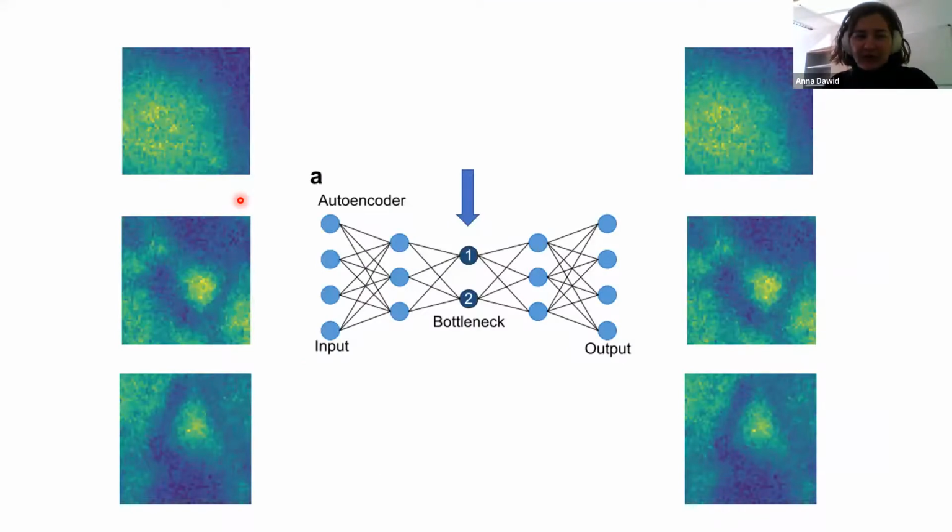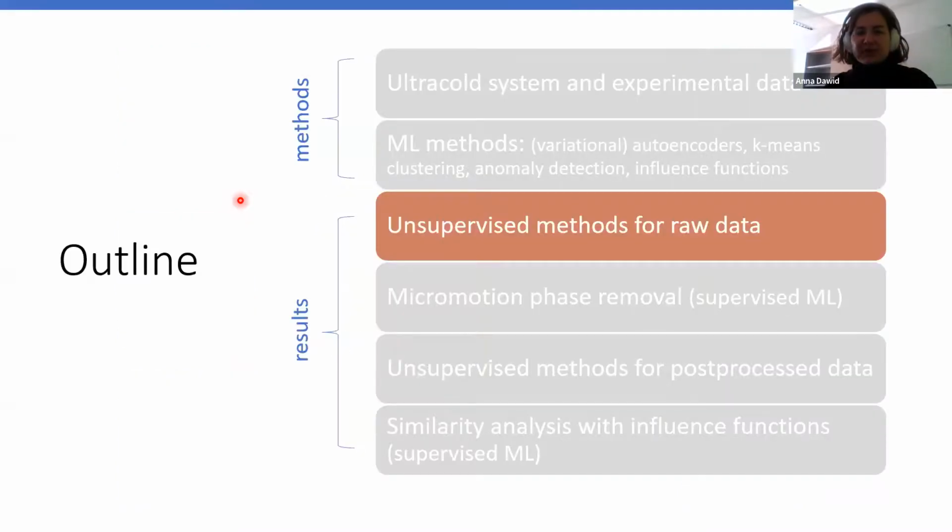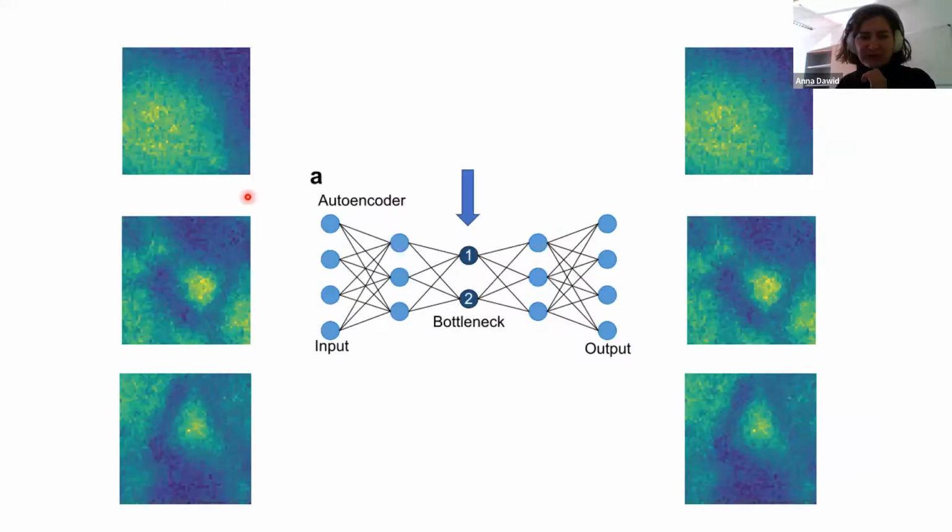So our first approach was to really do the clustering. I skipped that, but okay, I will tell you like this. We first tried to do clustering for raw data, but we weren't happy with the quality of the clusters when we did it on raw data, just raw time of flight images.